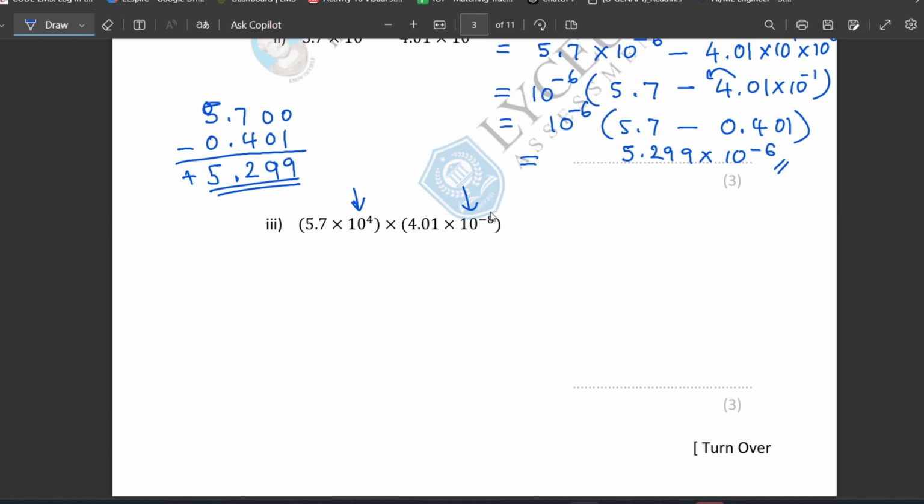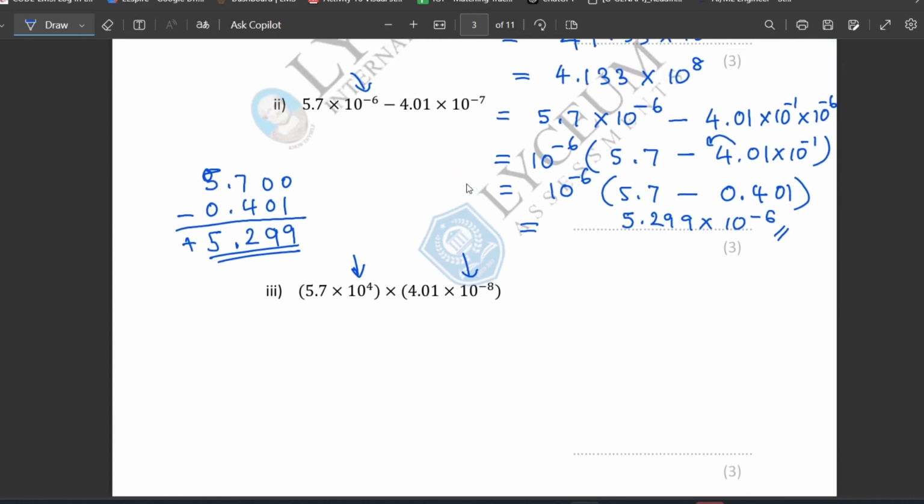What we can do is, this is not addition, this is multiplication. So we can easily do this. 0.7 times 10 to the power 4 times 4.01 times 10 to the power minus 8. So these two powers you can add together because same base, multiply.